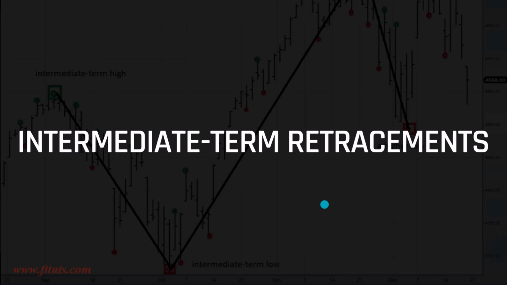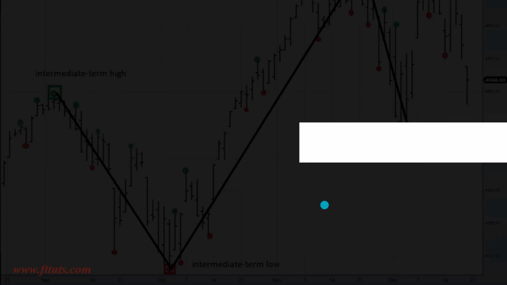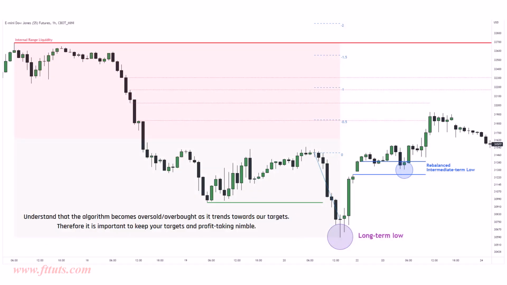So let's talk about intermediate term retracements. Understand that the algorithm becomes oversold and overbought as it trends towards the targets. Therefore, it's important to keep your targets and profit taking nimble. So when price is in a premium here, these levels are high probability, okay?